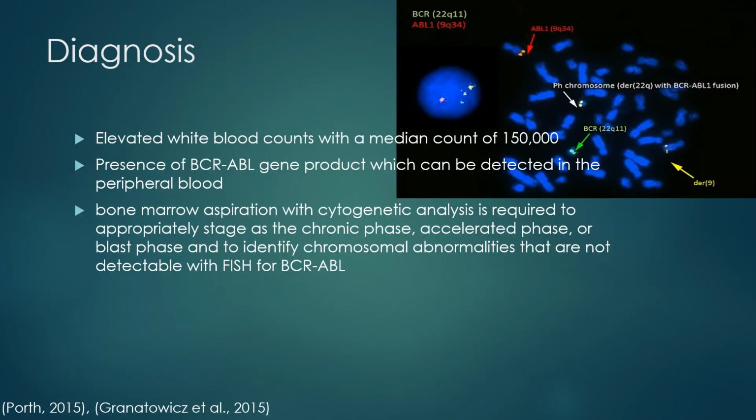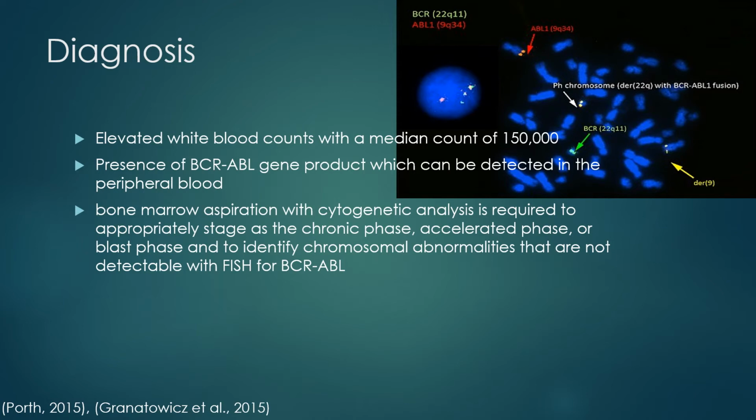As for diagnosis, there is an elevated white blood cell count with a median count of 1,500,000. You can see the presence of that Philadelphia chromosome that we talked about, which is also called the BCR-ABL gene, which is just the parts that are flipped.